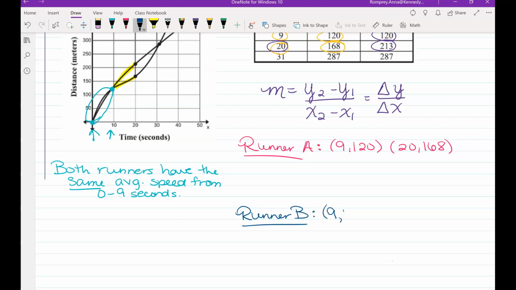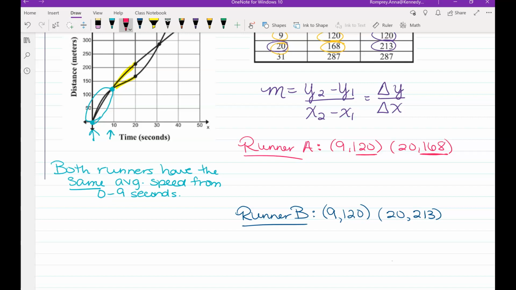We're both starting at 9 seconds, and they were both at the same spot of 120 meters. And then runner B at 20 seconds is at, come back up here to my table, 213. If I want to use this formula, since I'm starting with the y's, the change in y, I like to underline my y's.